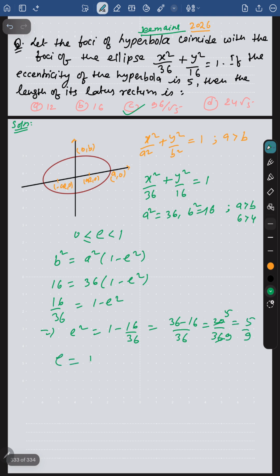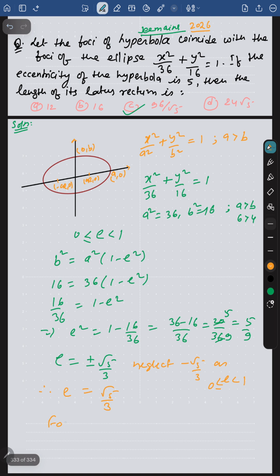So e is plus minus root 5 upon 3. But we will neglect the negative root 5 by 3 as e lies between 0 and 1, meaning positive. Therefore the eccentricity of the ellipse is root 5 by 3.